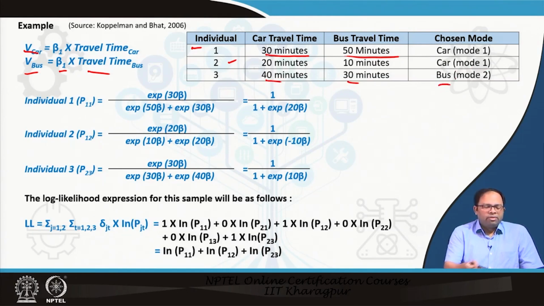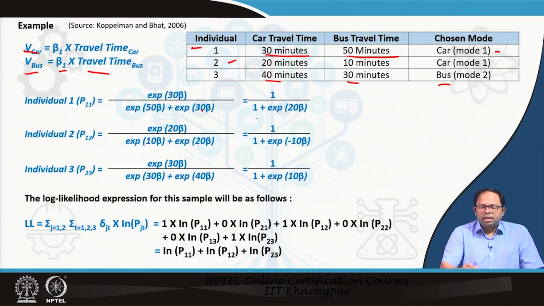If you write the probabilities, the probability of individual 1 choosing the car mode is e to the utility of car, which is 30 beta, divided by e to the utility of car plus e to the utility of bus.